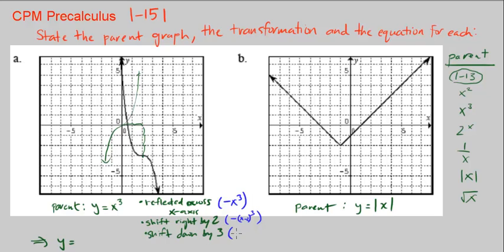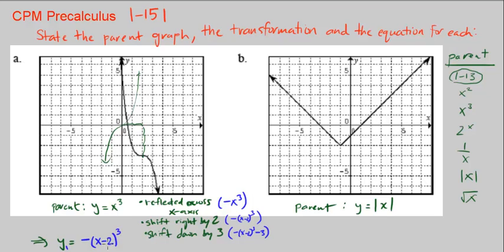And then shift down is going to be outside of the argument. We're going to subtract 3 to go down. So our new function, let's call it y sub 1, is going to be negative times x minus 2 cubed.